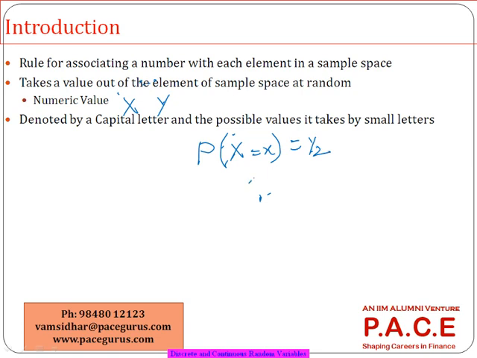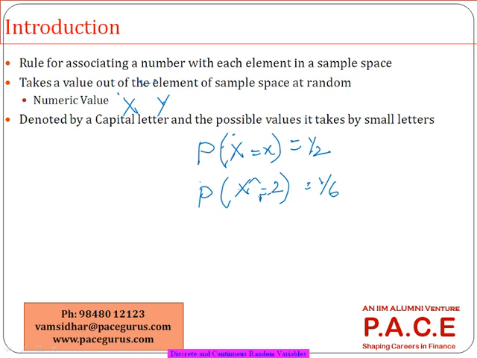When I am throwing a dice, the probability that X is equal to 2, meaning the dice gets a value of 2, is 1 by 6. There are 6 possible outcomes, out of which 2 can come as one of the outcomes. So the probability that X takes a value equal to 2 is 1 by 6.